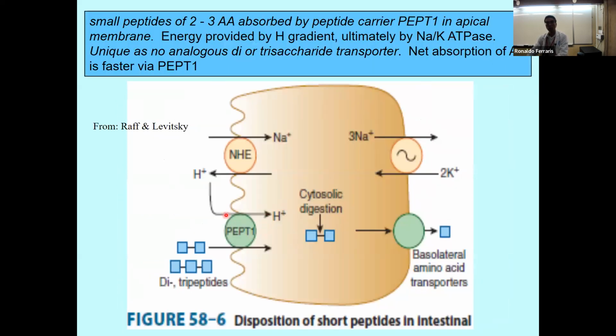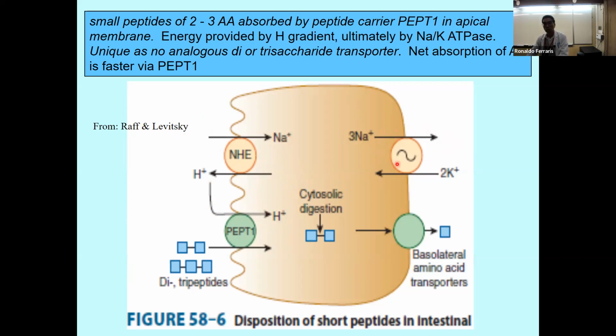This, ladies and gentlemen, is proton dependent. And the proton dependency is generated also by a sodium hydrogen exchanger. So the downhill hydrogen gradient is created and powered by a downhill sodium gradient.